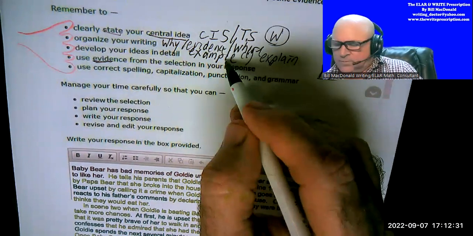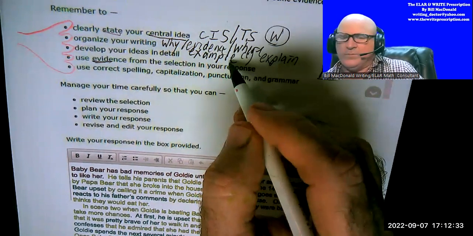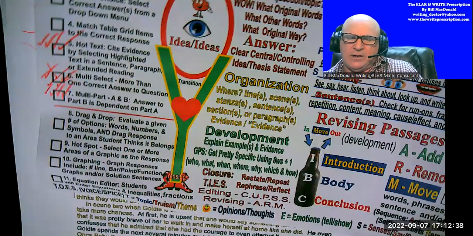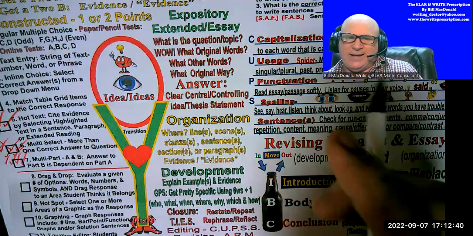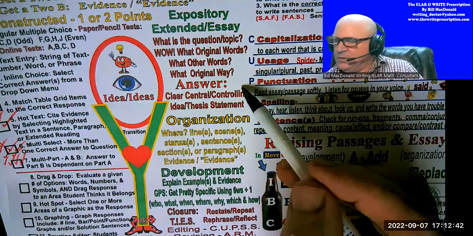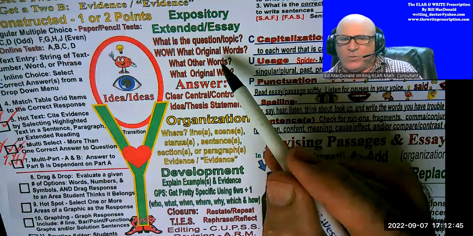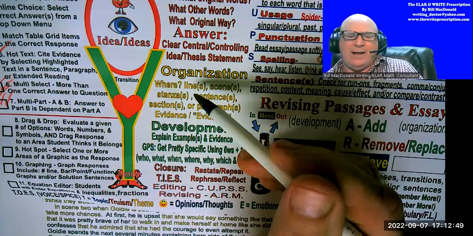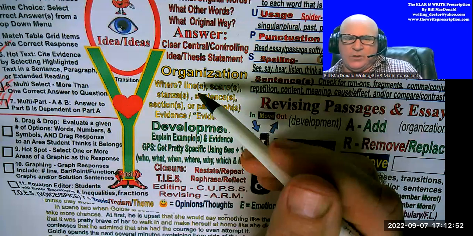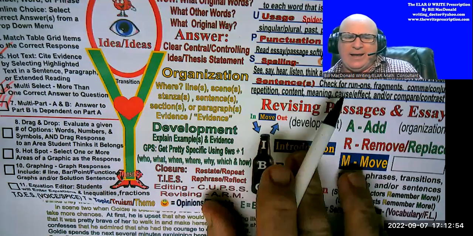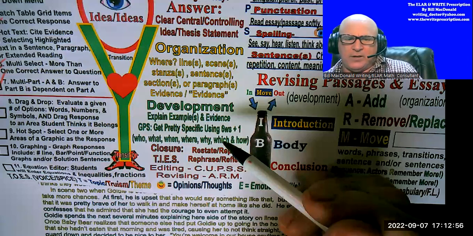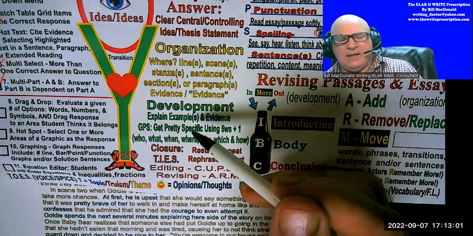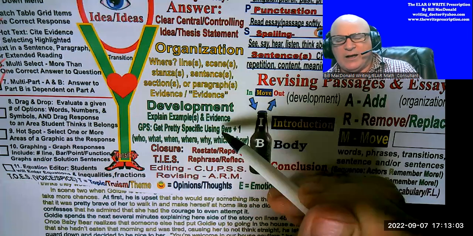And so what you see here is, I wrote one for you guys, and it's going to be red for the answer, the evidence and where it's at will be yellow, and the way I developed it using my own words and what I call GPS, getting pretty specific by using the 6 W's+1, by explaining a little bit about who, what, when, where, why, which, and how.